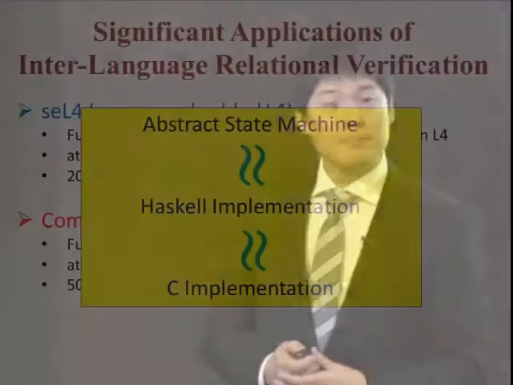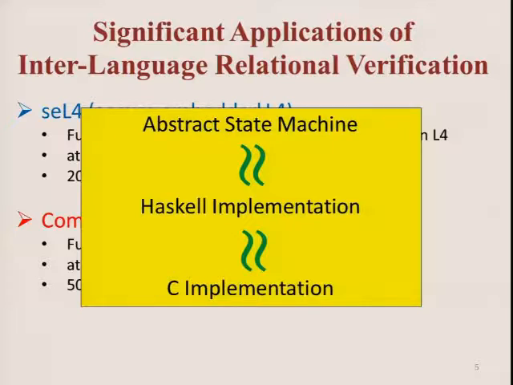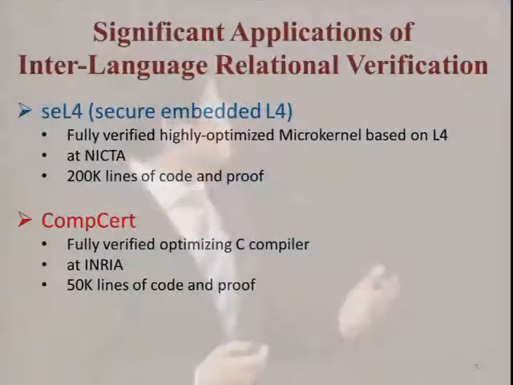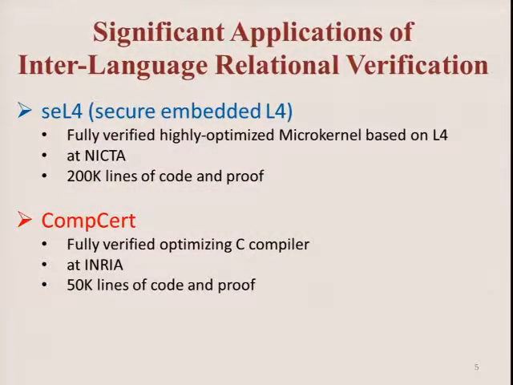For verification, they first formalized the handwritten informal specification of L4 as an abstract state machine. Then they wrote a reference implementation in Haskell, and an efficient optimized implementation in C. They proved that the abstract state machine and the Haskell implementation are equivalent, and also that the Haskell and C implementations are equivalent. The whole development is 200,000 lines of code and proof.